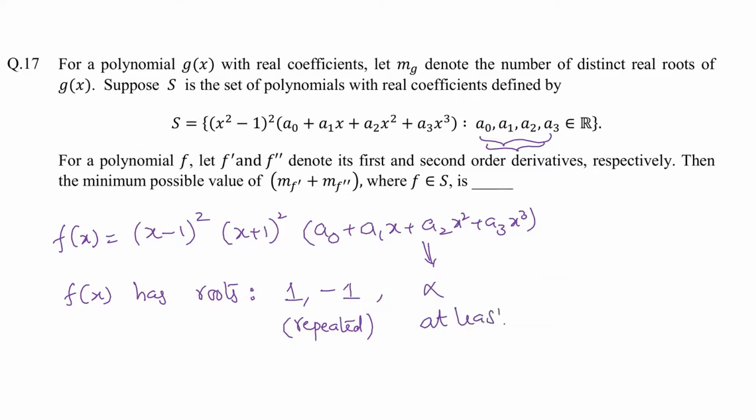Here we have taken at least one real root. But again, we are to find the minimum possible value here, so we can simply ignore all those cases. So I'm assuming the cubic equation is simply a constant where a1, a2, and a3 are 0.